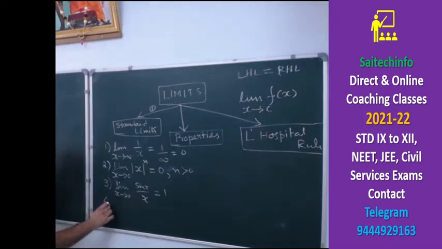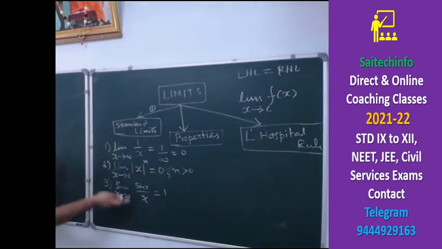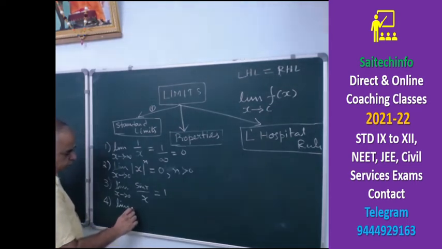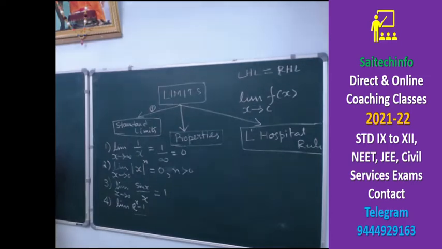Then, and we have an explanation in the next classes for each of the standard limits. Then limit e power x minus 1 by x, e power x minus 1 divided by x, for x approaches 0.